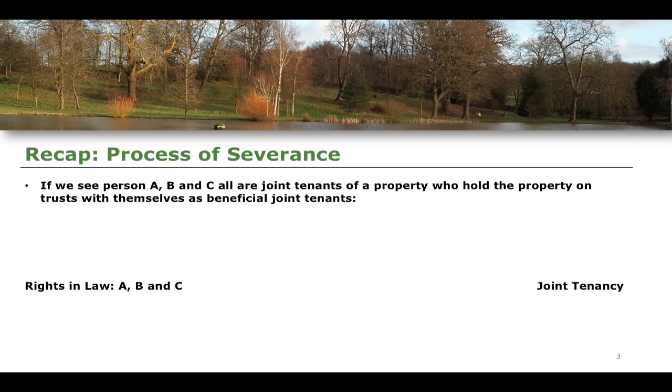We have rights in law, which exist in the form of the joint tenancy, in A, B, and C. We also have rights in equity in the form of a joint tenancy, given that a joint tenancy can be either in law or in equity. So this is what we get so far in terms of the process of co-ownership of property.